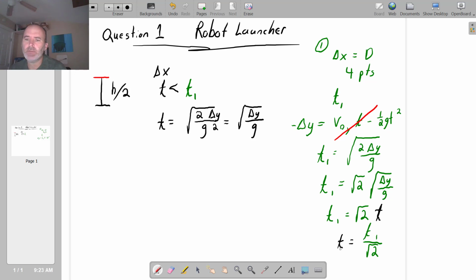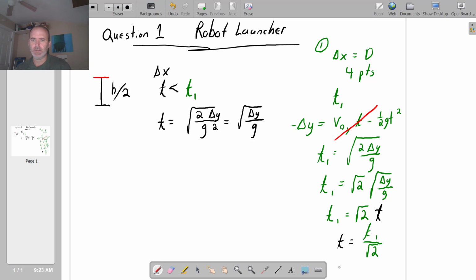Okay, so we said my time is going to be shorter, right? And so it is shorter. From the regular time, I would have to divide by the square root of 2. And if you have your calculators, you can do that. The square root of 2 is 1.4, and if you divide by that, it's 0.7.